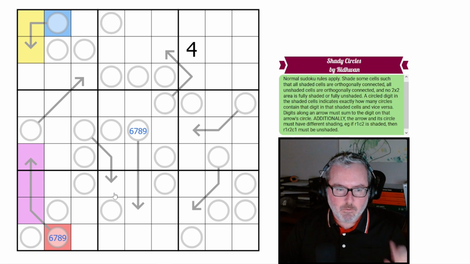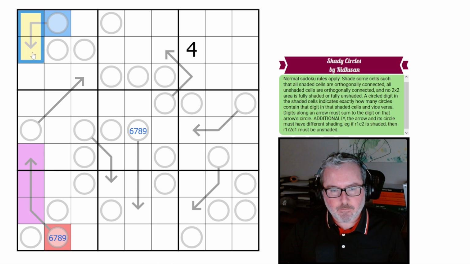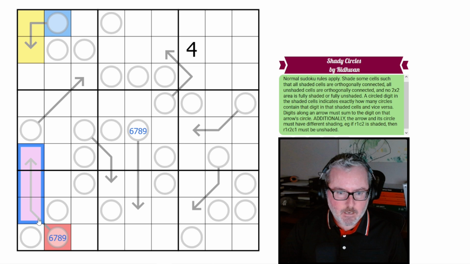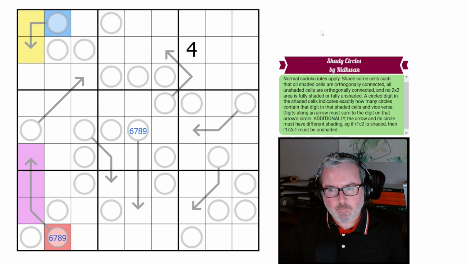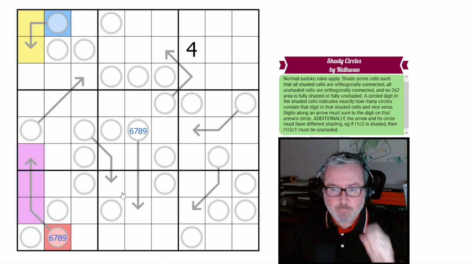Because essentially what we want to try to get to, I guess, is first off, knowing whether it's shaded or unshaded. And then secondly, if we can create groupings of shaded and unshaded, or at least knowing that they're part of the same grouping, we can make some more determinations.